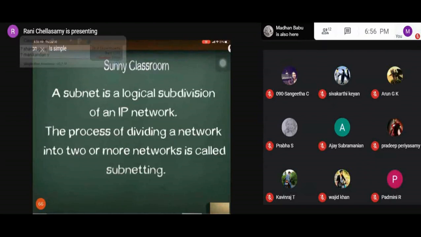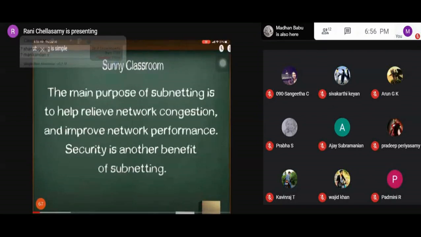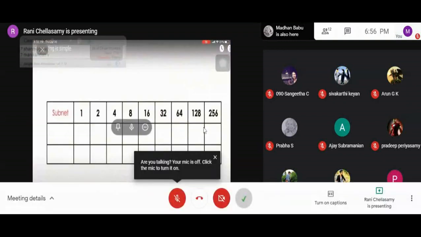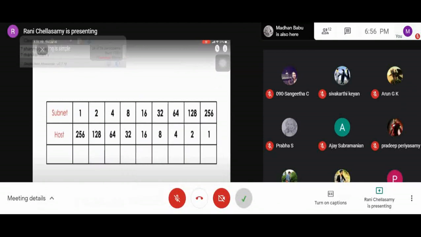We'll see one example. Here you have the subnet row: 1, 2, and it goes on up to 256. There are 8 numbers here. The host row is the reverse of the subnet row. It starts with 256, 128, the reverse of the first row.